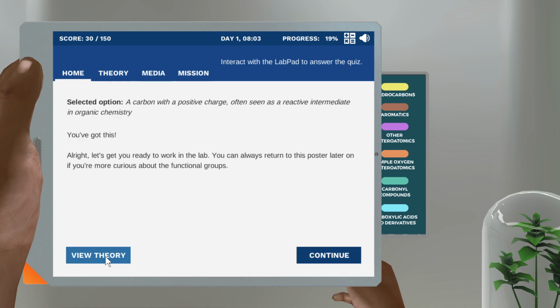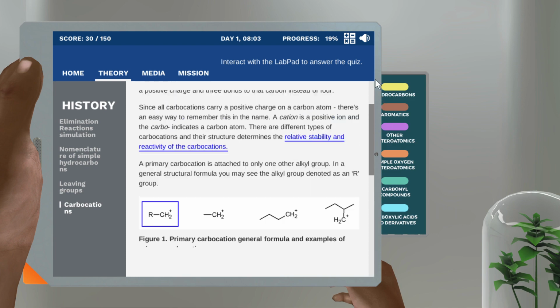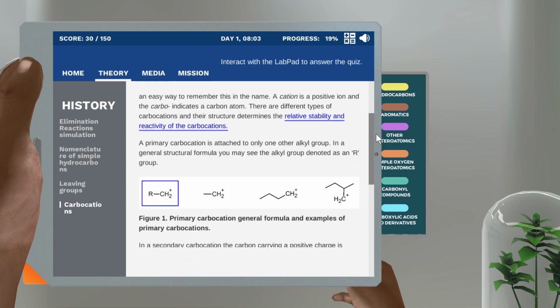Alright, let's get you ready to work in the lab. You can always return to this poster later on if you're more curious about the functional groups.